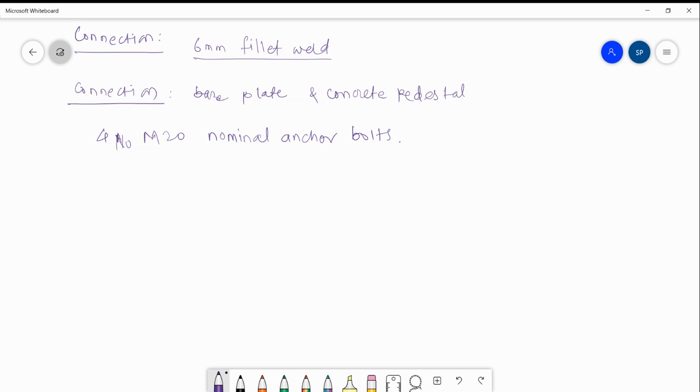Now, finally, you will have to draw the design sketch for this. So this is the column section ISHB 250.